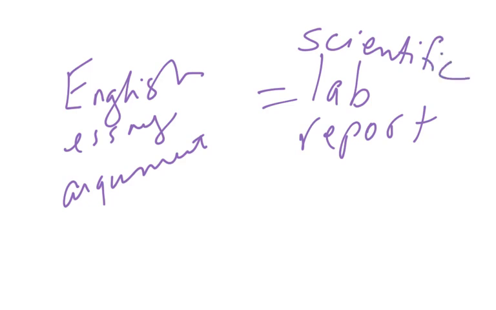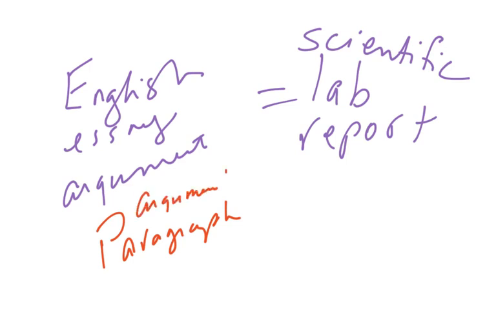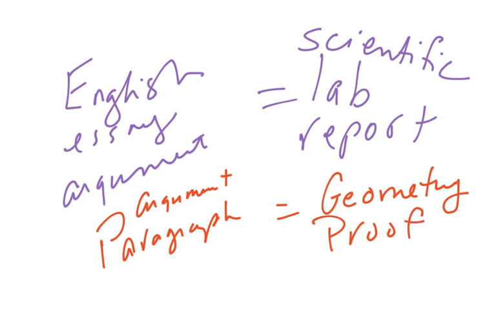We might also say, I like this one, that the paragraph in English, the argument paragraph in English, is the geometry proof. Right, so we've got some similarity issues.